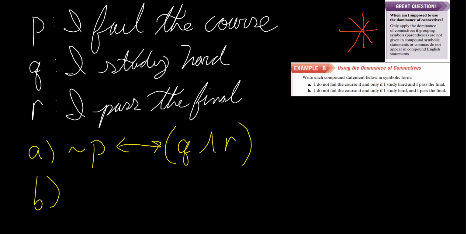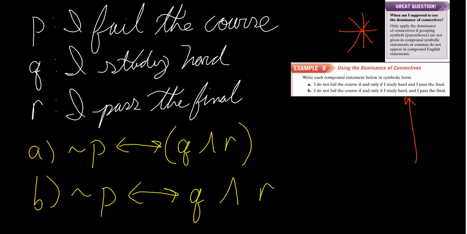And then lastly, I wanted to point this out because we have a natural break there. We have that comma, if you can see it. So again, it's the same thing. It is I do not fail the course if and only if I study hard and I pass the final, which is R. We have that natural break, which is the comma.